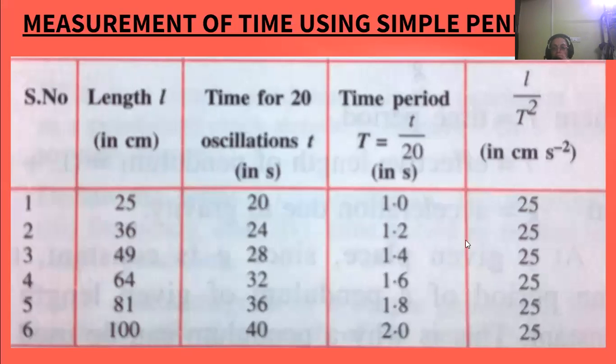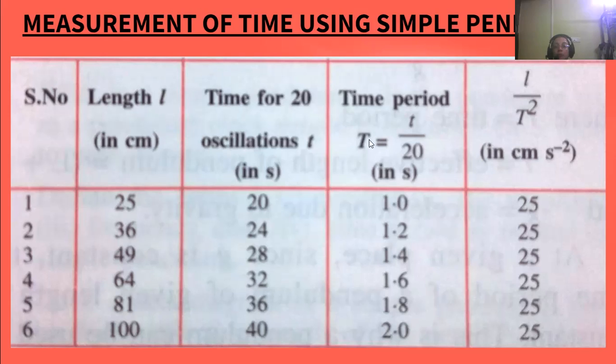We take a few readings. If the length is 25 centimeter, then for 20 oscillations, how many seconds are taken? We count 20 oscillations and note the time with a stopwatch.